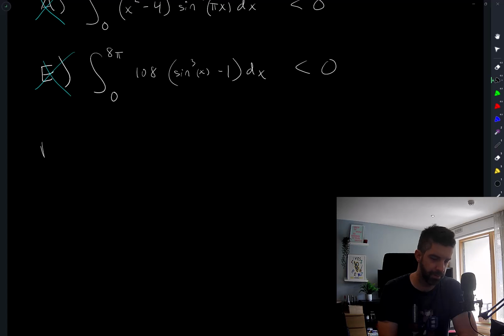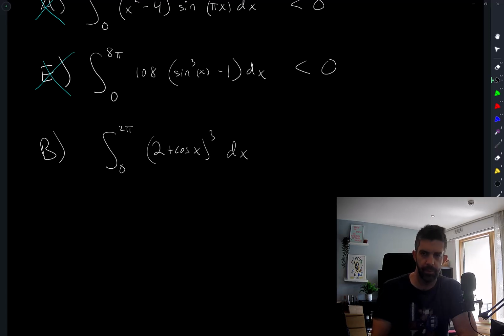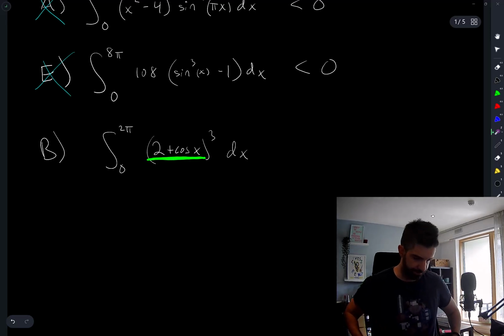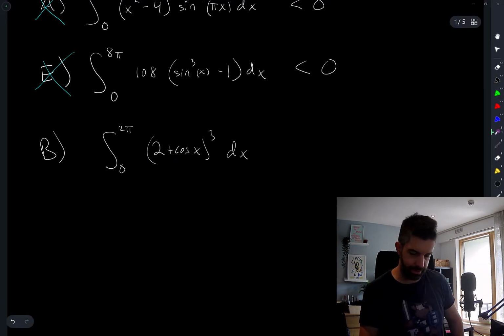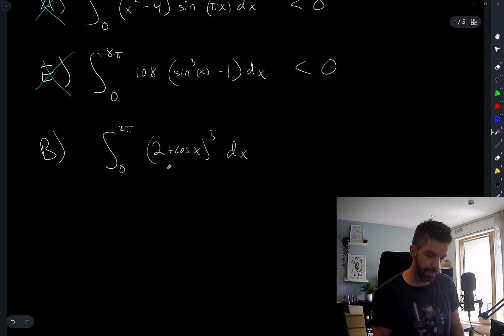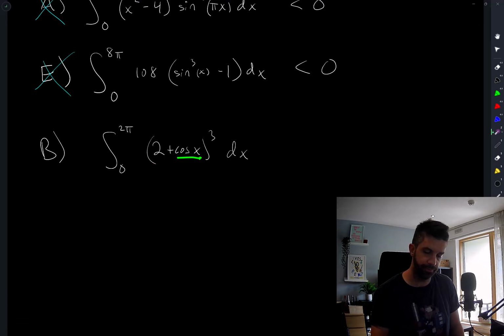Let's look at option B, which is an integral from 0 to 2 pi of 2 plus cosine x cubed dx. Okay, so this thing here bounces around between 1 and 3. And if we cube it, that means this thing bounces around between 1 and 27.